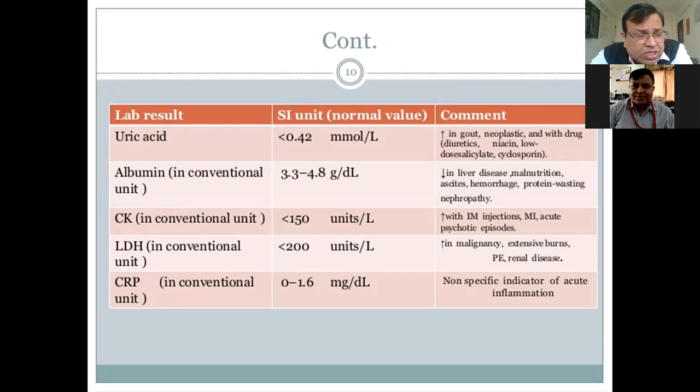Now, this is the potassium level. The conventional unit is 150 unit per liter. Intramuscular injection increases that particular level, and acute psychotic episodes or psychotic disease also affect the level of this.